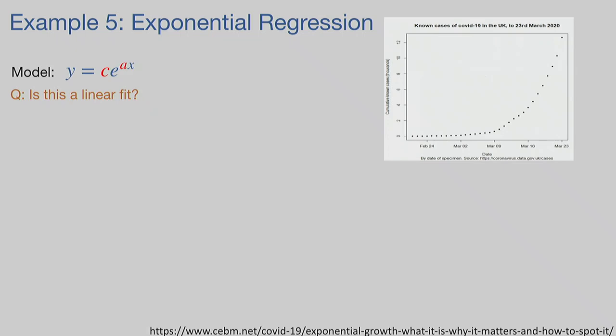So who thinks it's linear after all my descriptions? Who thinks it's not linear? Who doesn't know? Okay. It's non-linear. You can try, and it just becomes non-linear. So the answer is no. But can we still do this fit?